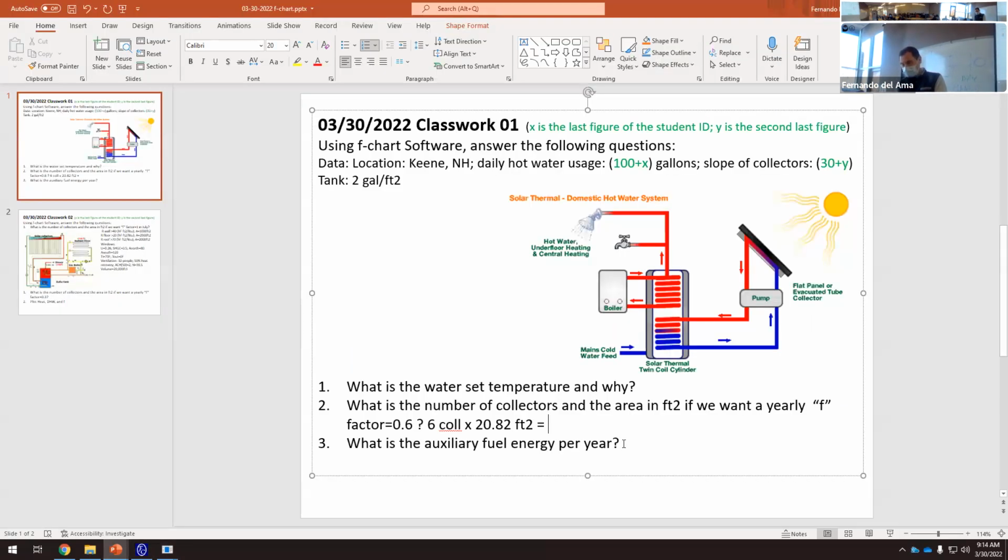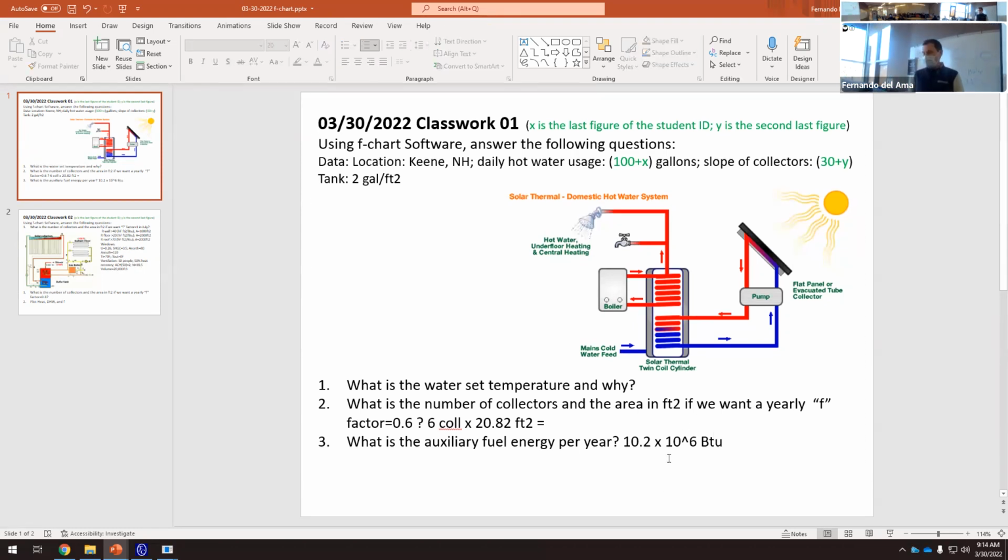Be careful with the units here, because it's 10.2 times 10 to the power of 6 BTU. So this number is 10 million BTUs.